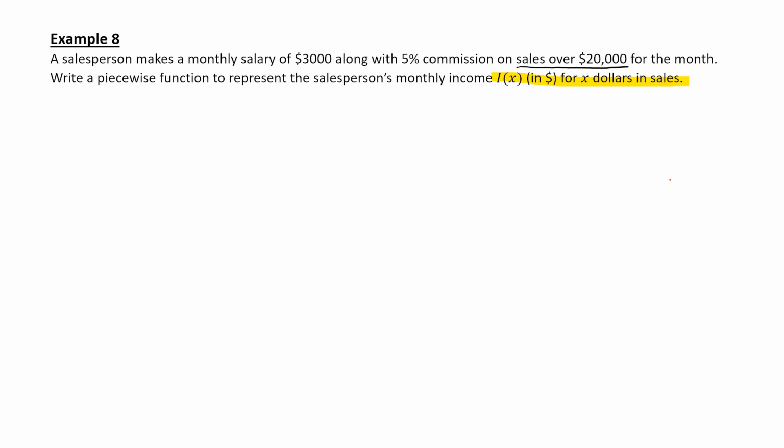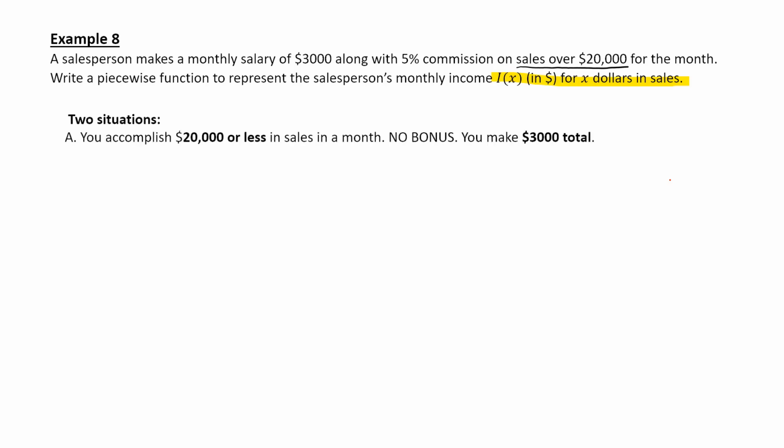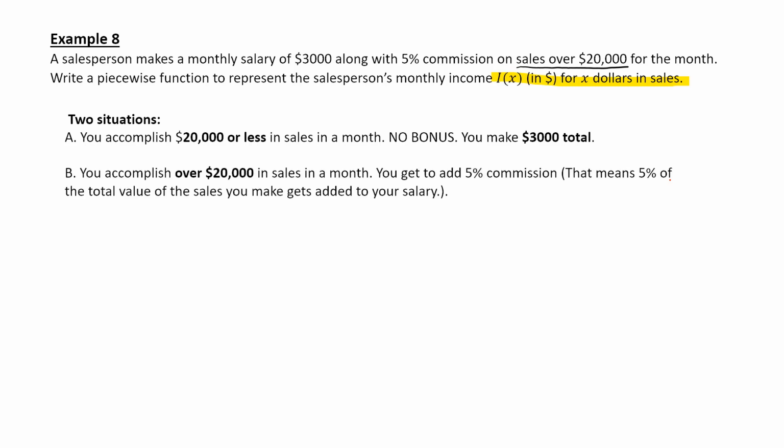There's two situations. If they only accomplish 20,000 or less in sales in a month, then they don't get the bonus. They get $3,000. That's their salary, I of X. If they sell over 20,000 in a month, they're going to get 5% commission, which means 5% of the total value of the sales they get over $20,000.